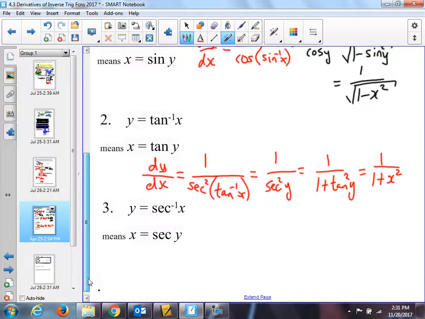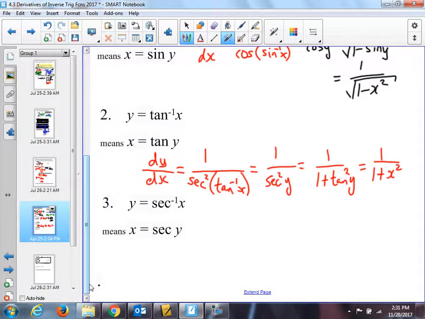Back to this review here. If I said y equals the secant inverse, the arc secant, arc of the covenant, so like Indiana Jones, you're exploring. Okay. x equals the secant of y. So when I'm doing this, what's our first thing? Well, we think the outer function.